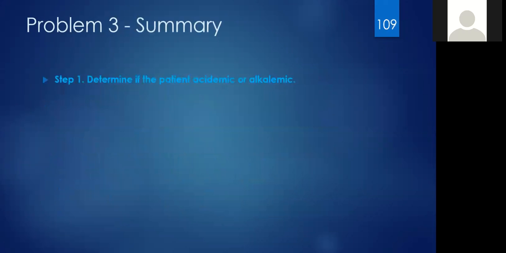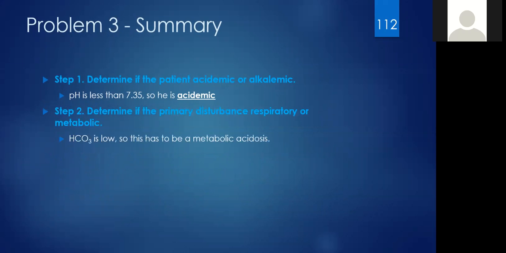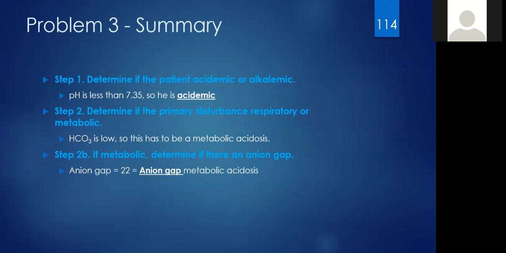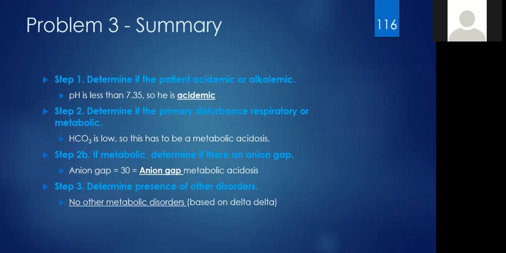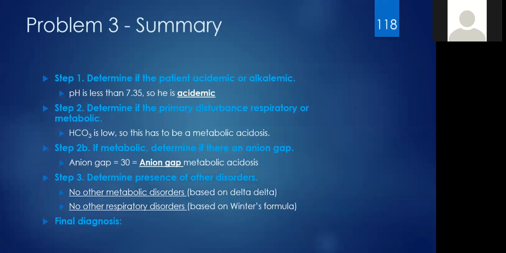Summarizing this, we know the patient's acidemic. We know that the primary disturbance has to be a metabolic acidosis because our pH is low and our bicarb is low. Our next step was to determine if there's a gap. There was a gap, and then we had to look for other disorders. Based off delta-delta, we determined there's no other metabolic disorders. And based off Winter's formula, we determined there's no other respiratory disorders.